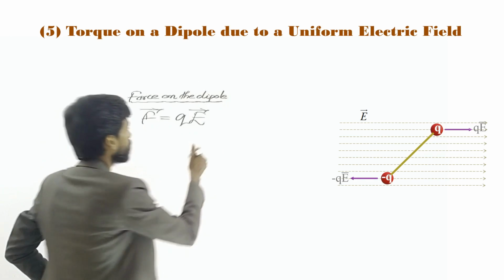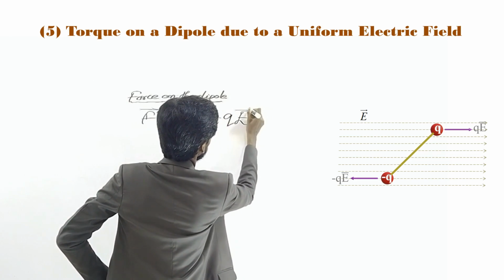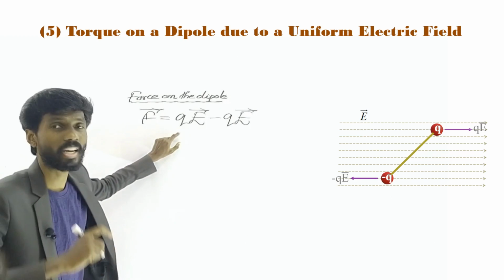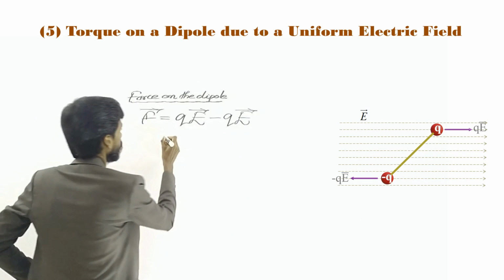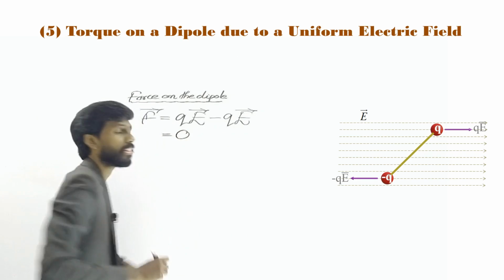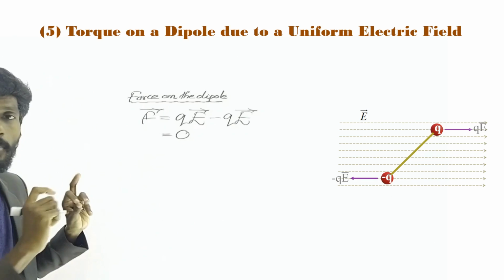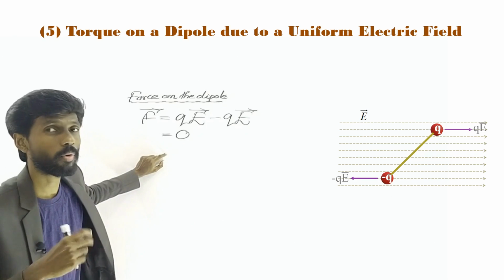That means minus QE. This is the force on the charge Q. This is the force on the charge minus Q. So this total force is 0. That means the total force due to a uniform electric field on a dipole is 0 always. Do you understand? Uniform electric field and the total force is 0.